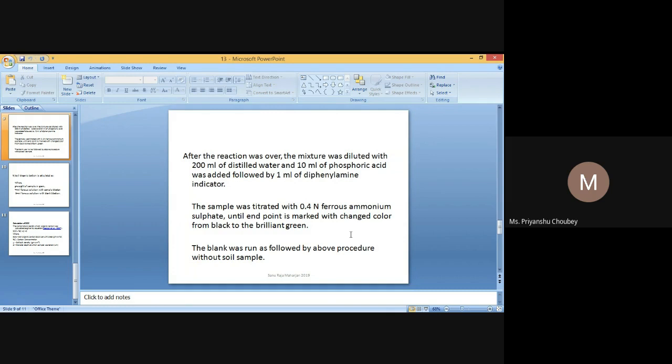Factors influence the formation and stability of the soil structure. First one is the physical factors. Physical factors include wetting and drying, and freezing and thawing. Alternate wetting and drying leads to the formation of smaller aggregates, particularly in fine texture soil.